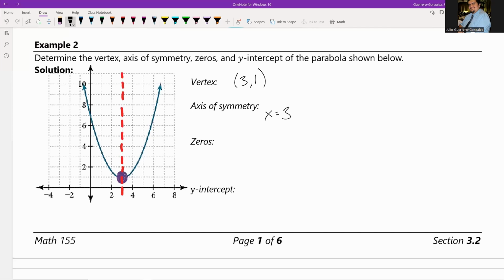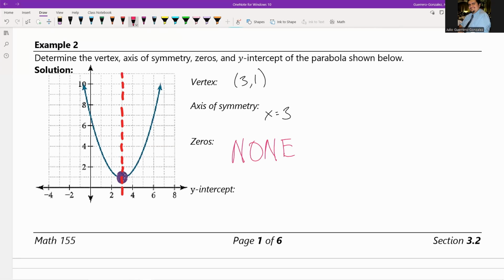Next one, zeros. Give yourself a second. Okay, none. Just like when we had the absolute value graph, these tend to have the same sort of characteristics.